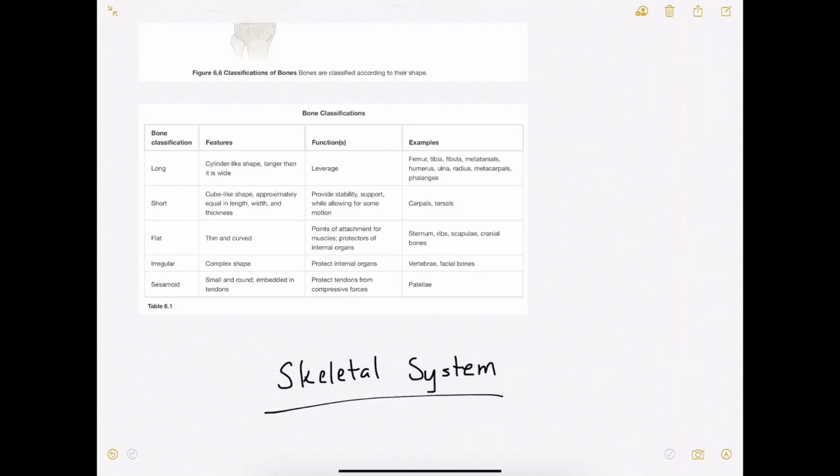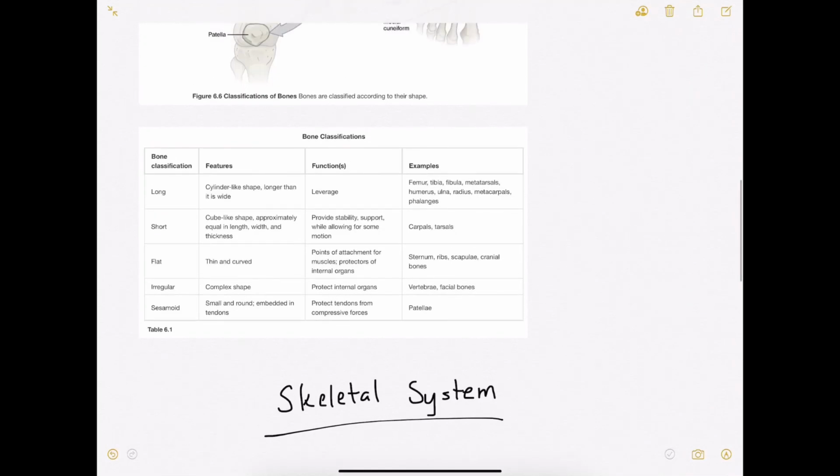So again, those are the five major classifications of bones, right? All the bones in our body can be classified under any one of these classifications. And it's important for us to be able to classify bones like this, because then we understand the similarities and differences between the different kinds of bones that make up our body.